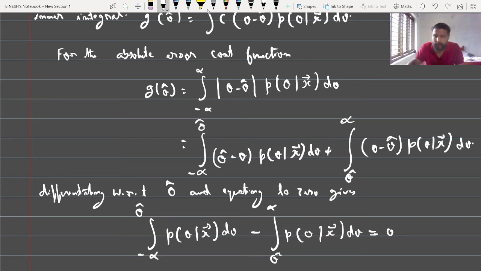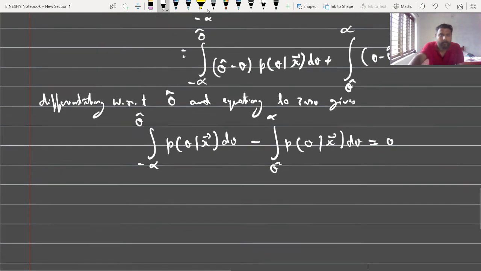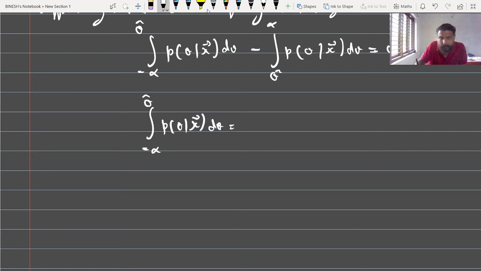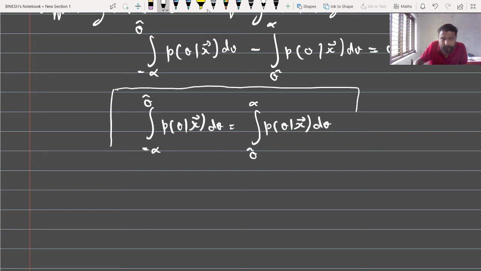So I can write the integral from minus infinity to theta cap of P of theta given x, d theta as equal to the integral from theta cap to infinity of P of theta given x, d theta. This is the important equation for the general Bayesian estimator.